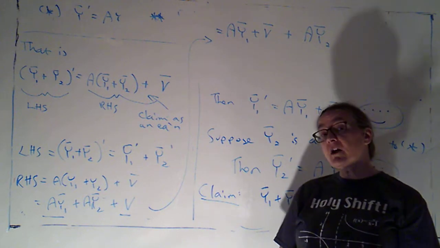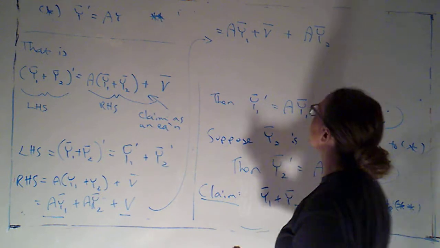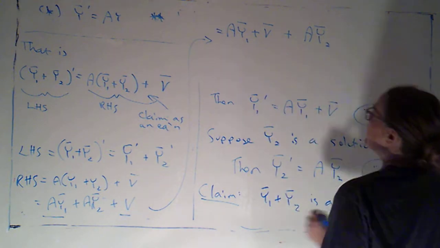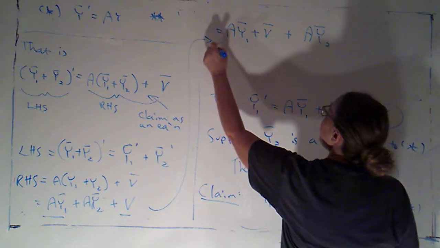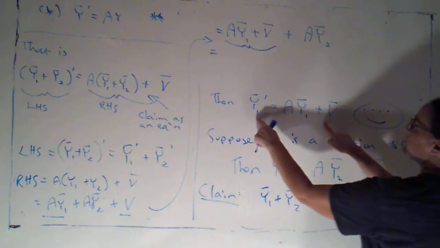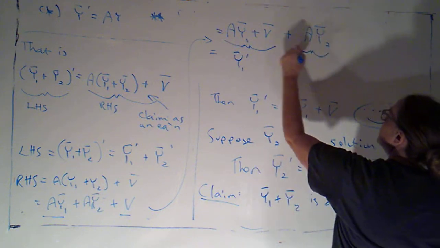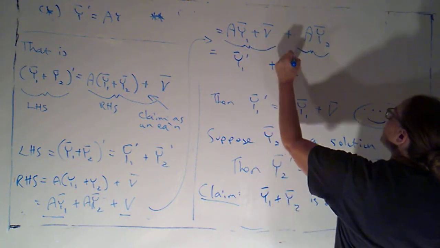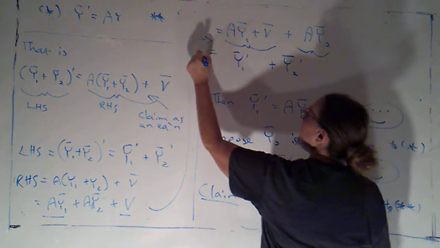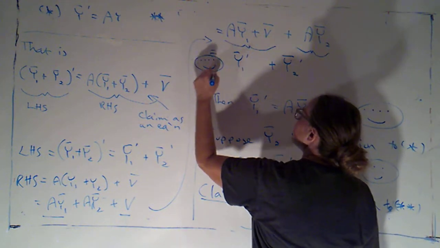My requirement, though, is that you do one step at a time. Don't combine steps. Okay, but now I can say, oh, well, this is just y1 prime, and this is just y2 prime, and that's by monster and smiley face.